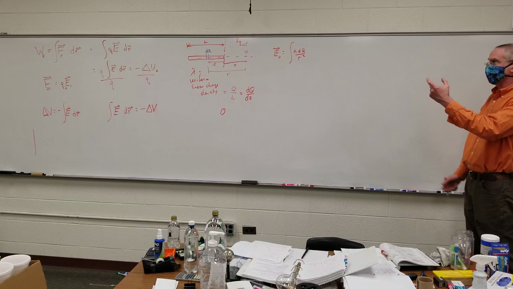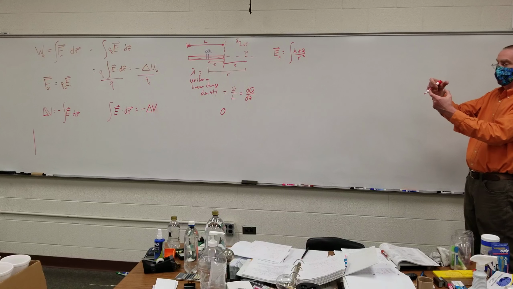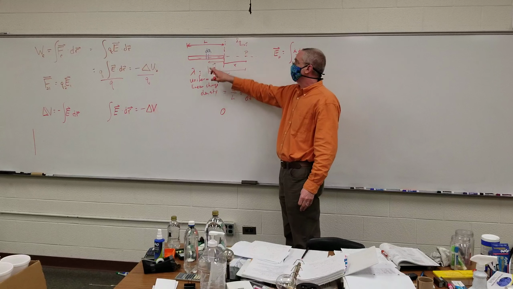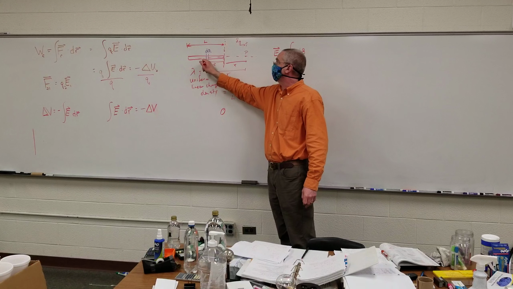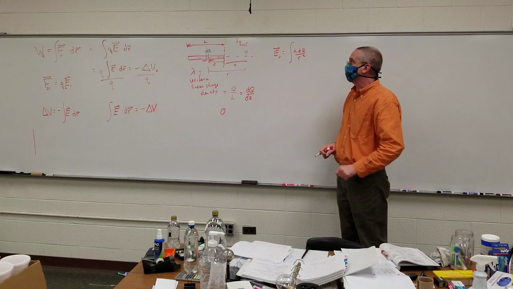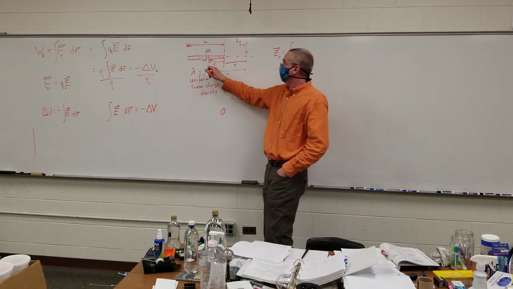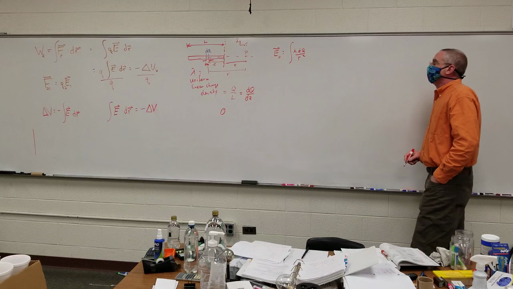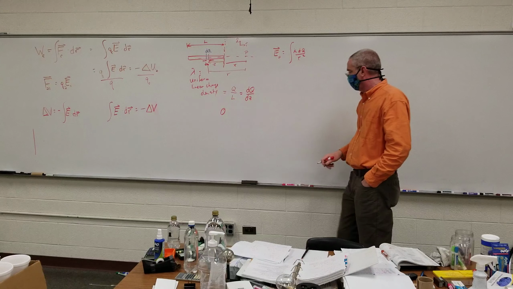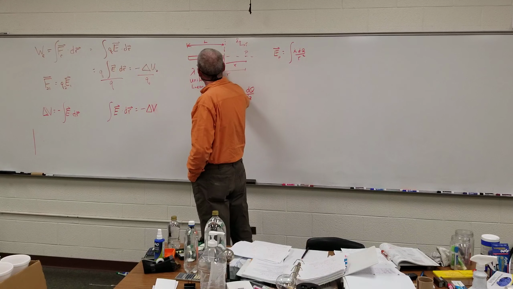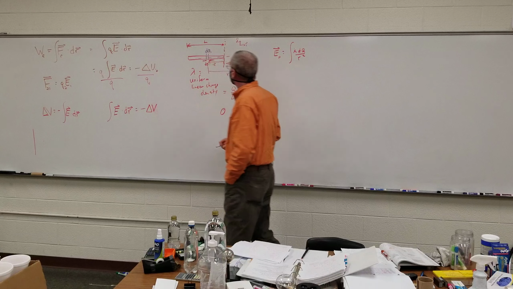If I take any section, the ratio of the charge to the length of that section is a constant, that's the uniform linear charge density. And since I've defined z to be this distance right here, then the segment of charge has to have a length of dz.